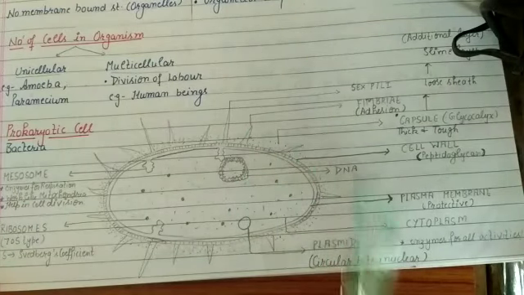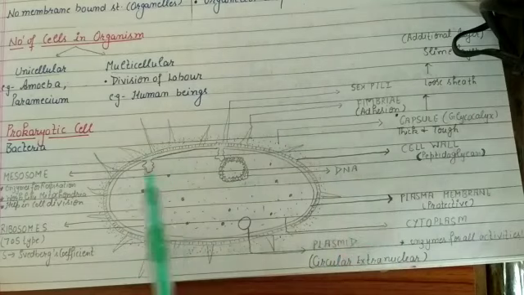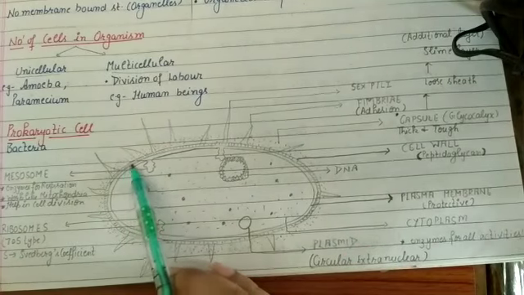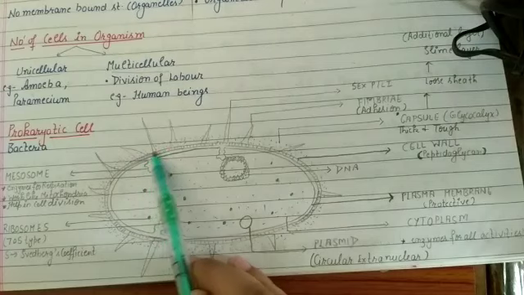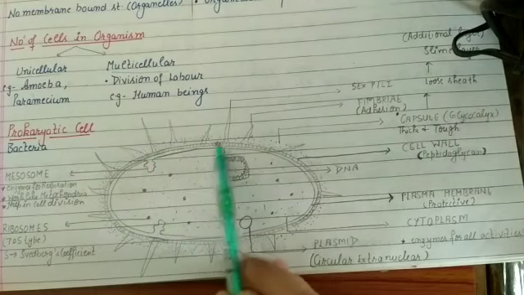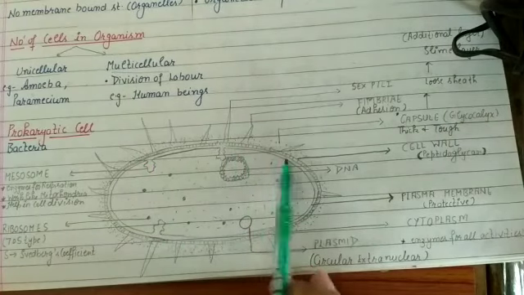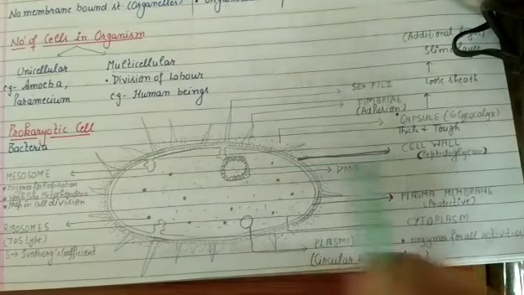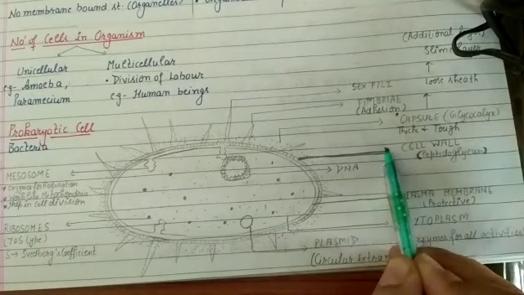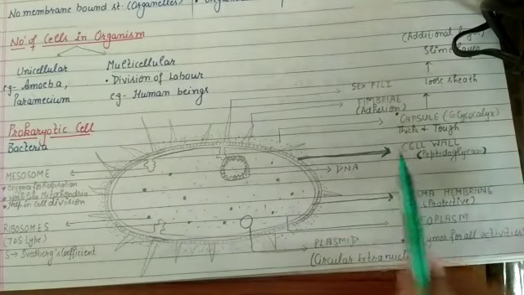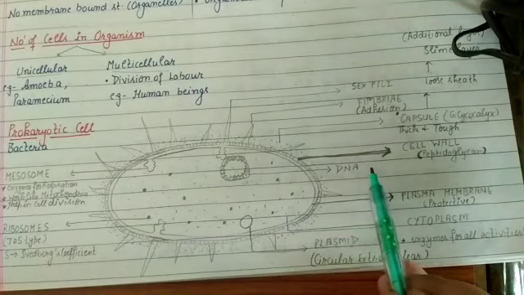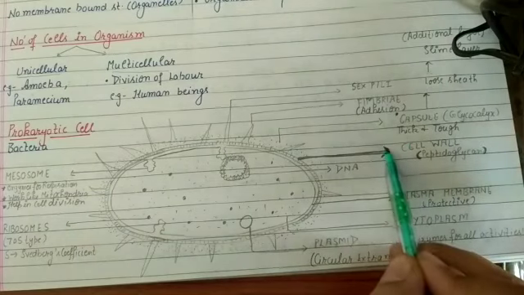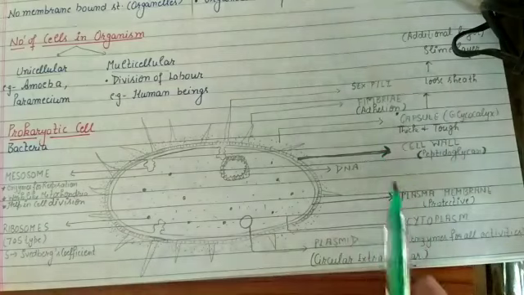I'm going to first start with the outer layers. As you can see, this layer, which I have marked with the lining portion, is known as the cell wall. This is the first structure, the outermost layer in a prokaryotic cell.